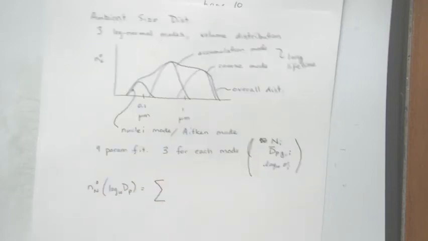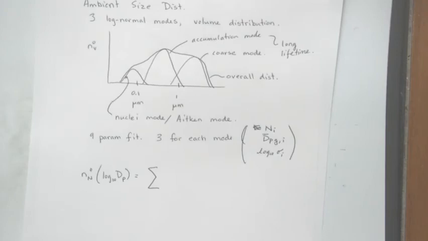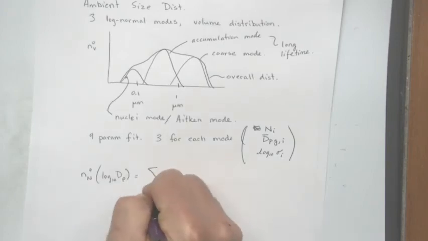So this is going to look very much like our old log 10 log normal distribution function, but we're going to add together 3.